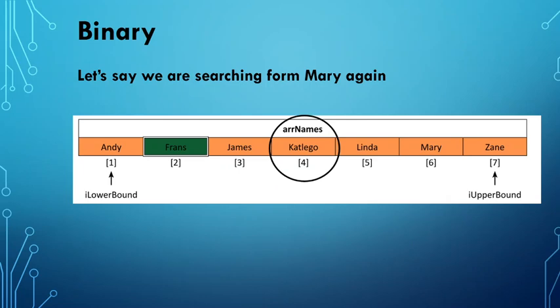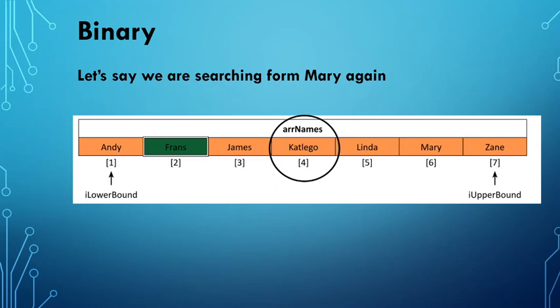Let's say, and in our case it's true, Mary is bigger than the middle. Then we're already cutting out asking this 3 times. So in round 1 we are already cutting half of the elements out of our search. You can see that in a big array this would be much more efficient.